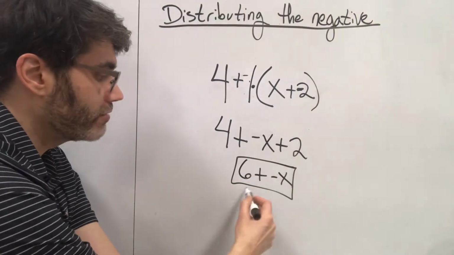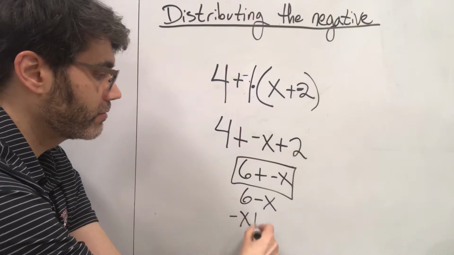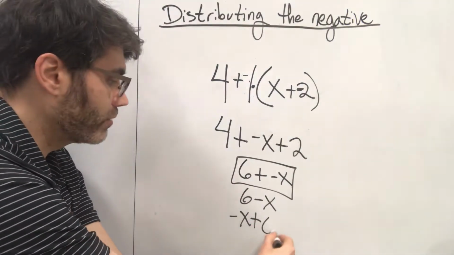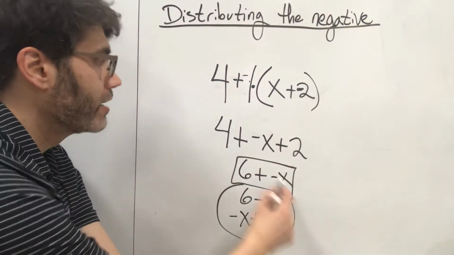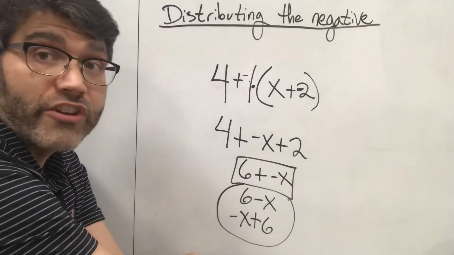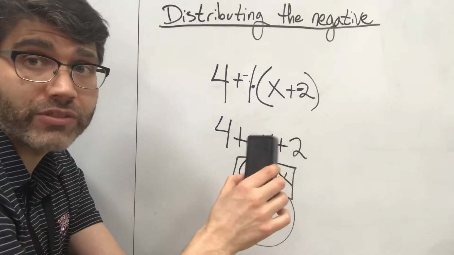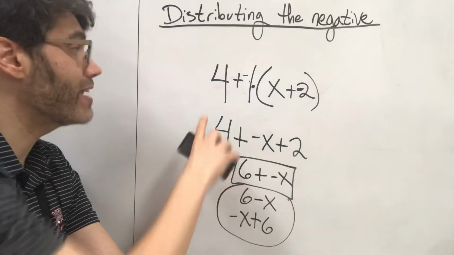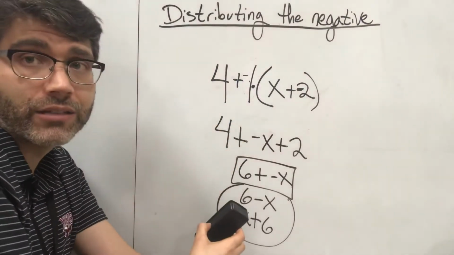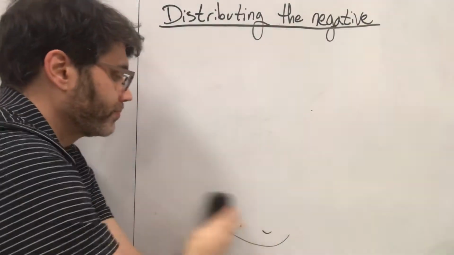If you want, again, convert it back to a subtraction sign, or you can put that -x out front. That's totally fine as well. So all of those are fine. The idea is to remember that that negative was a -1, and that -1 had to be distributed against everything inside the parentheses first, and then and only then can you combine with the 4, okay?